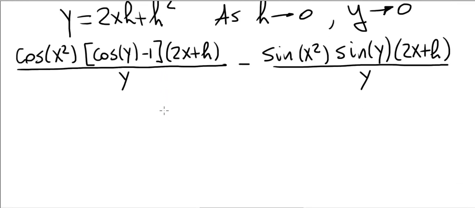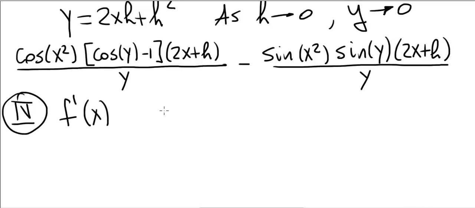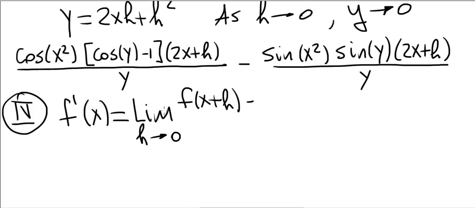So step 4 is where we compute the limit, and that's our derivative. So f prime of x is equal to the limit as h approaches 0 of f of x plus h minus f of x divided by h. That is, the limit as h goes to 0 of step 3. We have already done all the computations, so here's what it looks like for us.